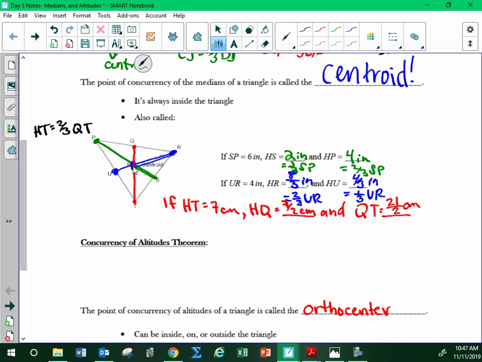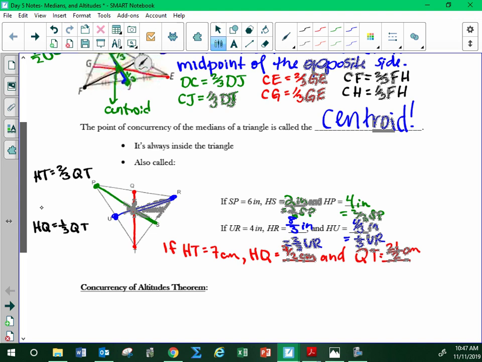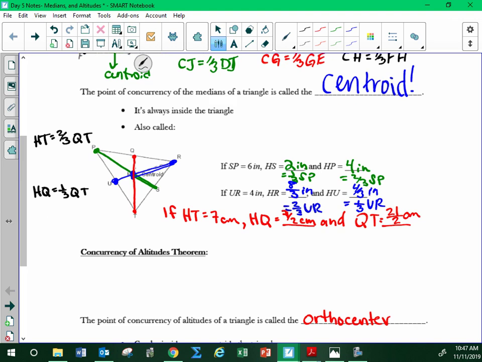I also know that the measure HQ is equal to 1/3 of the whole thing QT. These are the equations that we got from our original theorem. So just go back to your original equations, and then plug in what you do know. I know that HT is 7, so I can solve for QT. Multiply by 3/2 on both sides.